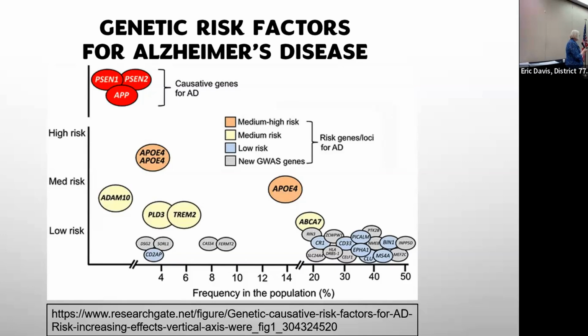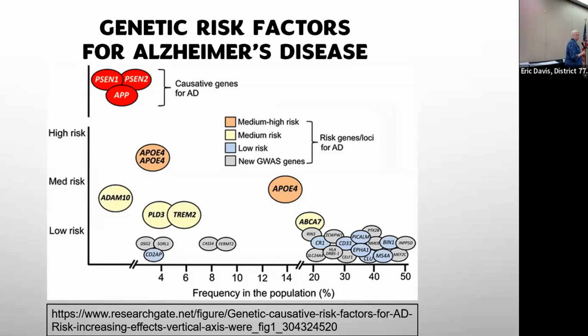And one you might have heard of, the biggest one, is apolipoprotein E variant 4, or ApoE4. If you have one copy from one parent, it causes about a 3-fold risk in Alzheimer's disease. And if you have 2 copies from both parents, it's about a 10-fold increased risk.